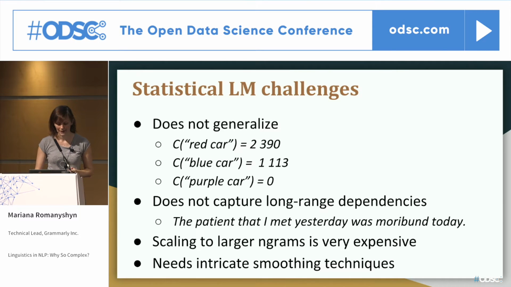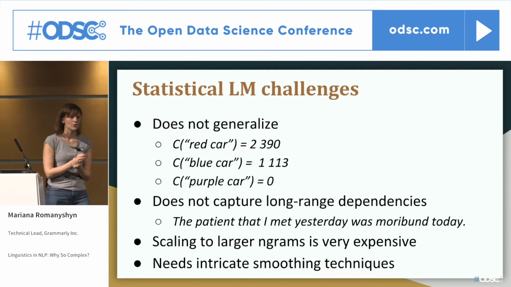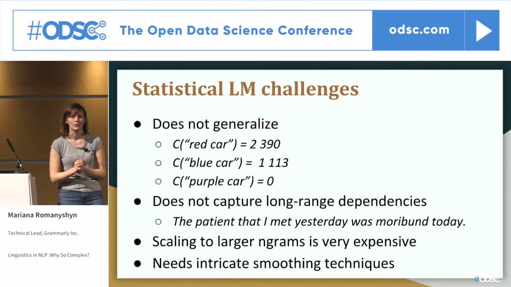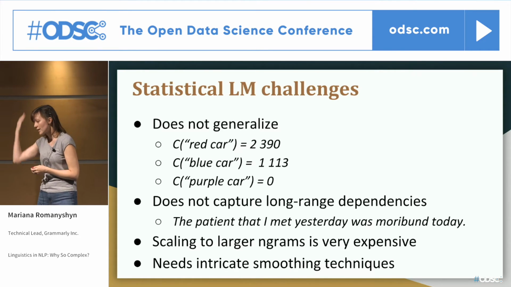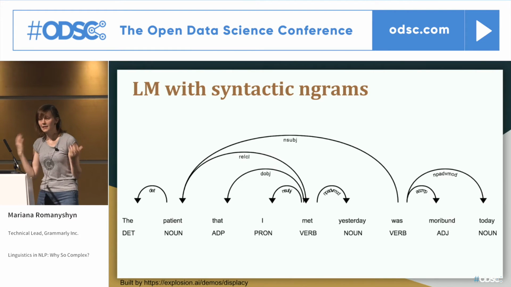The last one I already mentioned: it needs intricate smoothing techniques because you have to implement them. One thing that you can tweak is fixing the problem of these long-range dependencies. You can actually build n-grams at any level. We already mentioned today character n-grams, or you can do phonetic n-grams, or on transcription, or you can do word n-grams, or you can also do dependency n-grams.